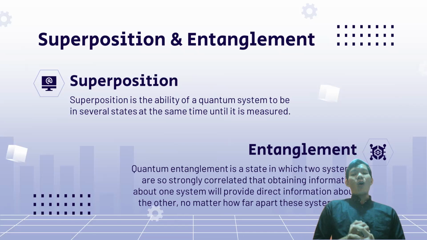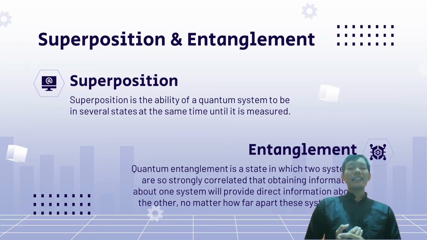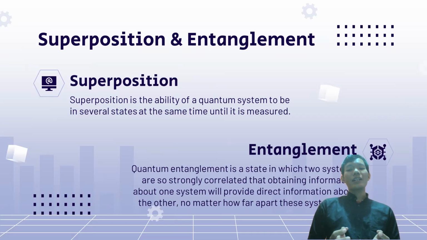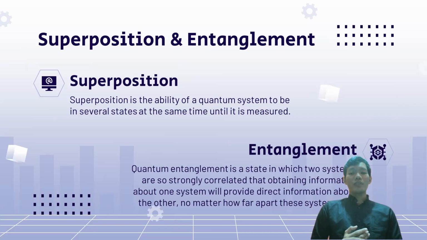Then, what is entanglement? Quantum entanglement is a state in which two systems are so strongly correlated that obtaining all information about one system will provide direct information about the other, no matter how far apart the systems are. This entanglement is key to the power of quantum computers.